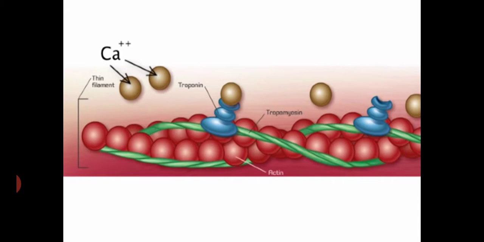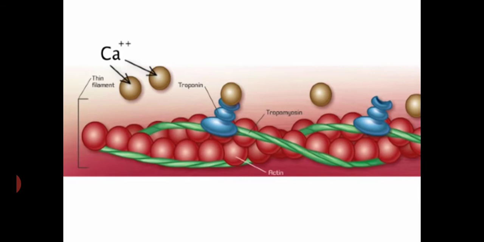So in order for the myosin to attach to the actin and start contracting, tropomyosin needs to move. How is the movement of the tropomyosin coordinated? By troponin. And how is troponin coordinated? By the calcium.